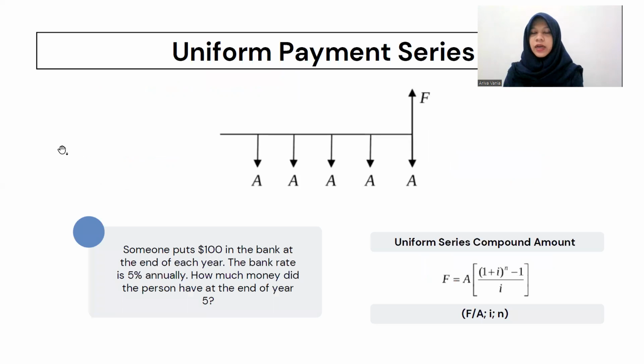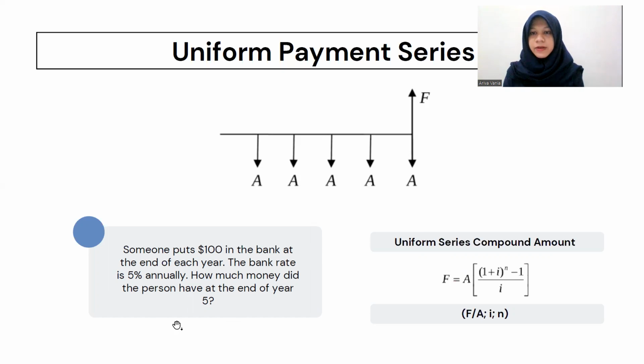Okay, next we have the uniform payment series, where the payment is uniform and represented by A. For this case, an example is someone puts 100,000 in the bank at the end of each year. The bank rate is 5.5% annually. How much money does the person have at the end of year 5?